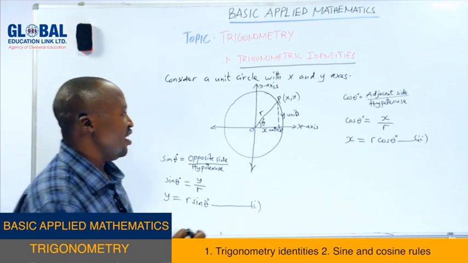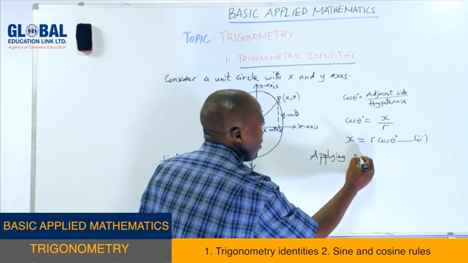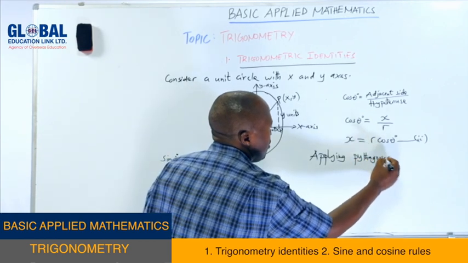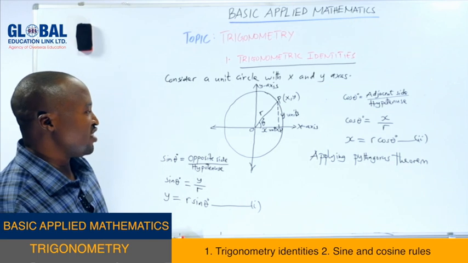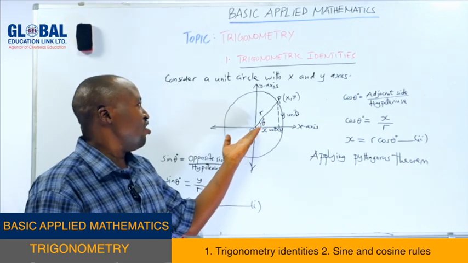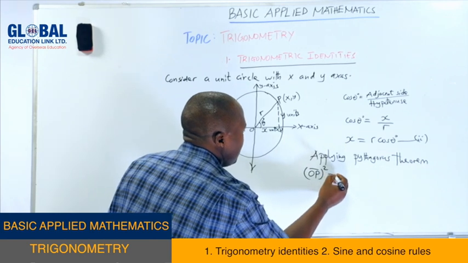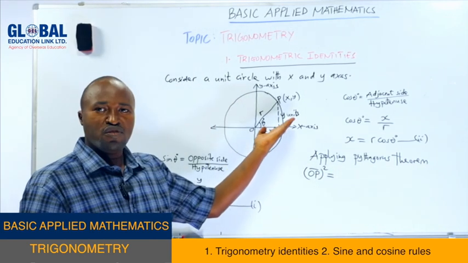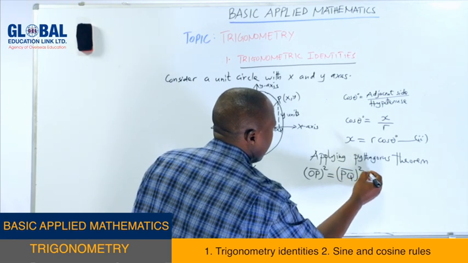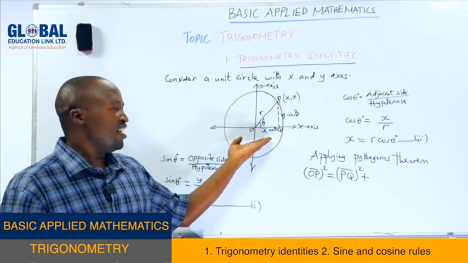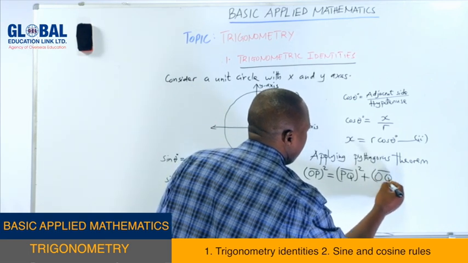Now, my dear student, apply the Pythagoras theorem, which states that OP squared, that is the distance OP squared, is equal to the opposite squared, PQ squared, plus the adjacent squared, which is OQ squared.